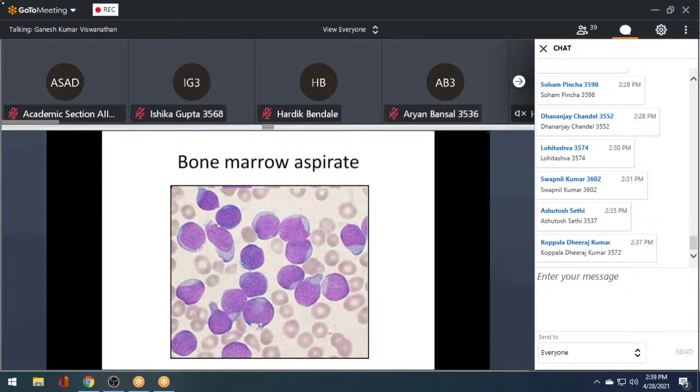So, what are all the normal cells that you can see in bone marrow? All the progenitor cells, both erythroid and myeloid progenitors. Okay, so what are the erythroid progenitors? Erythroblasts. So, what are the stages of erythroblasts?